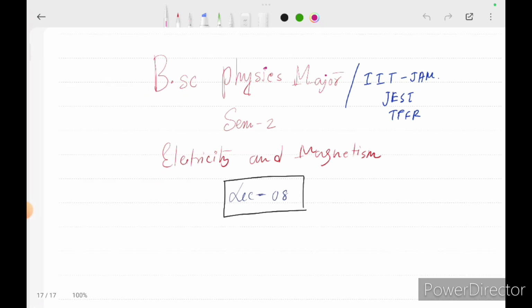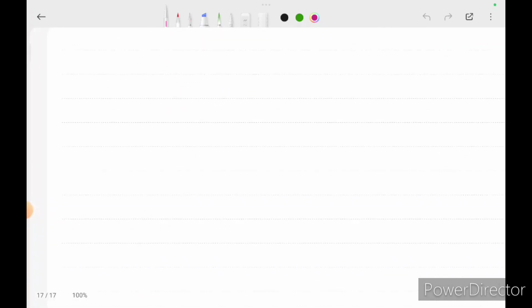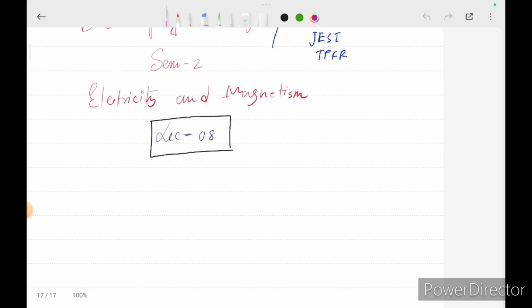This is actually lecture number 8. In previous lectures, lecture number 1 to lecture number 7, I discussed basic problems and basic theory regarding electricity and magnetism. I also discussed how to deal with the spherical coordinate system, the Cartesian coordinate system, and the cylindrical coordinate system.